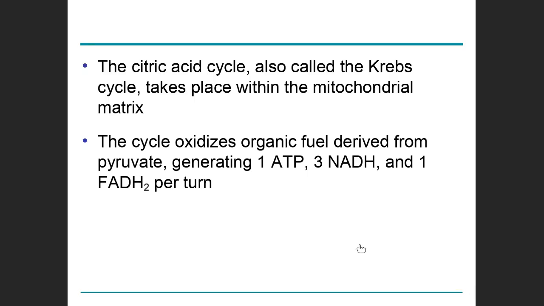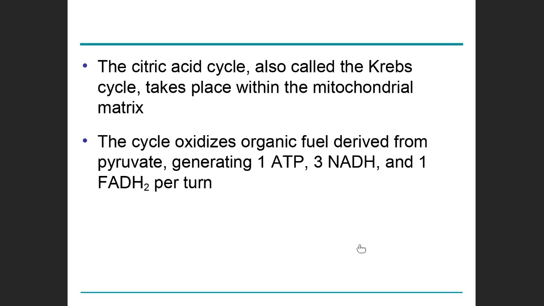Also known as the citric acid cycle, but I like Krebs. It happens within the mitochondrial matrix. So in the center of the mitochondrion, surrounded by the inner mitochondrial membrane, is the matrix. And so that's where the Krebs cycle takes place.